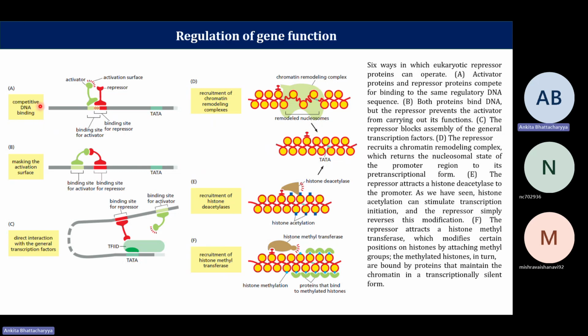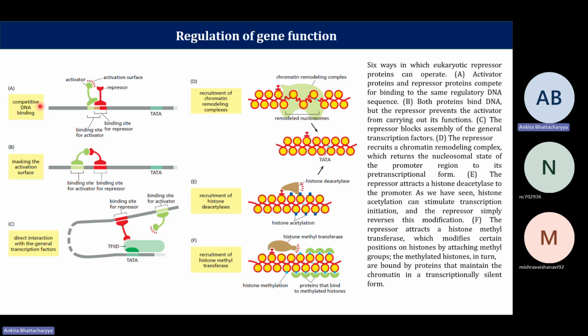So you can either have competitive DNA binding. Activator proteins and repressors can sometimes compete for the same regulatory sequence. You have masking of the activation surface, where the binding site for the repressor and the binding site for the activator are both bound by the respective proteins, but the repressor binds to the activator's main domain and prevents it from doing its job, prevents it from activating.